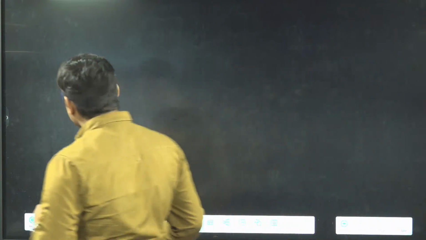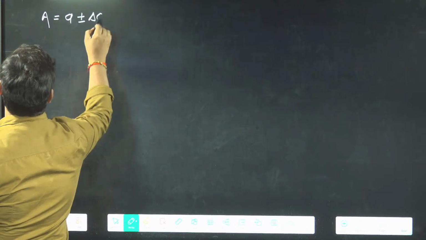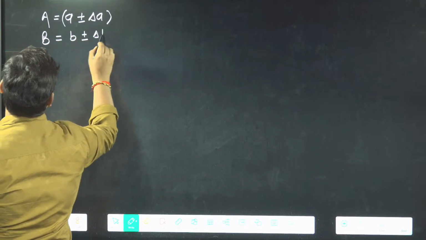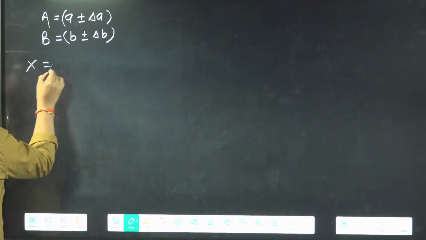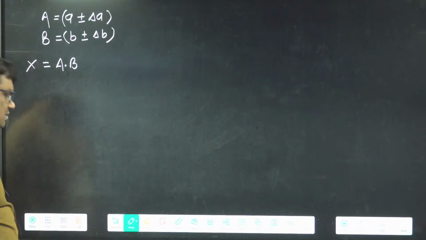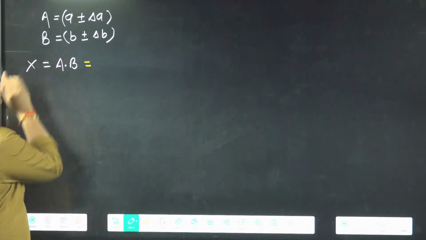Suppose we have one quantity A plus minus delta A, and another B plus minus delta B, and you need to multiply them, X equal to A dot B. If you have to multiply A dot B, what is the magnitude of A here?